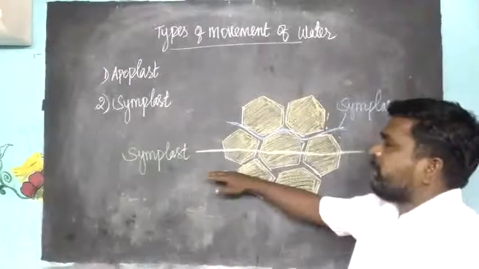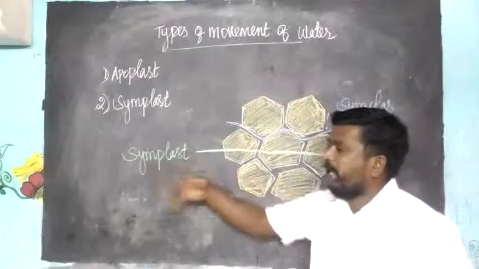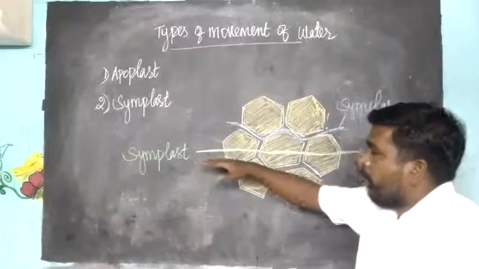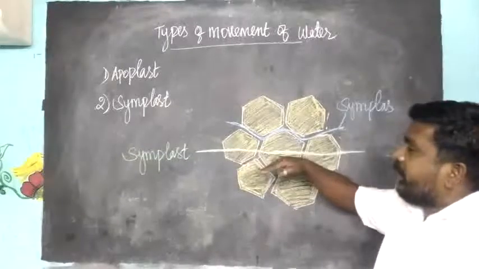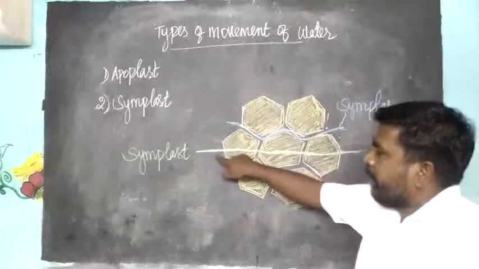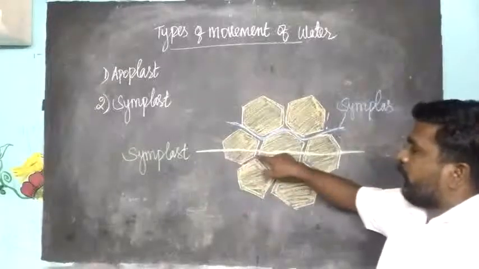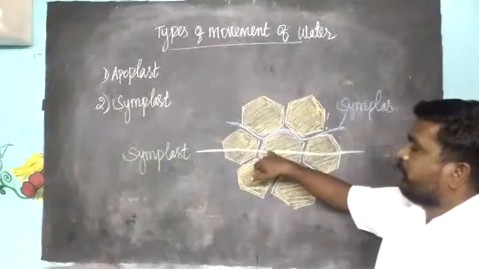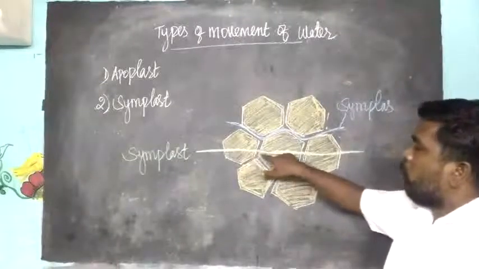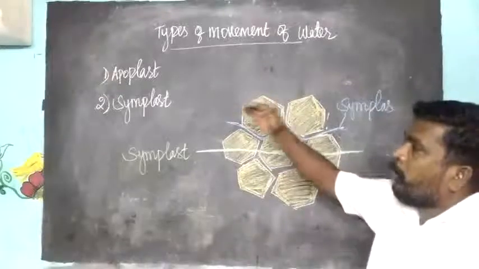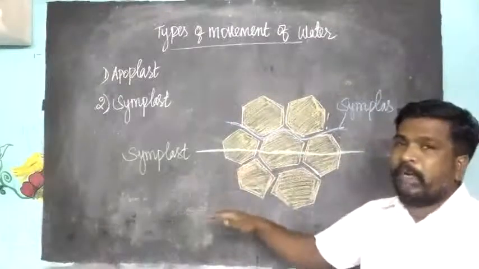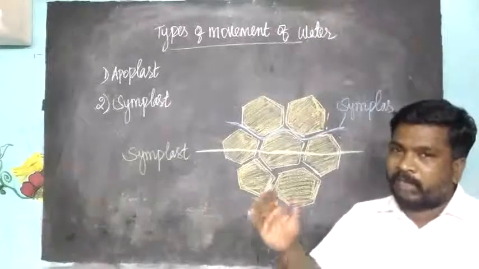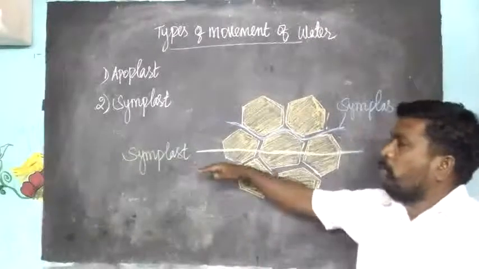Next, symplast movement. Sym means united or unit. It is the movement of water molecules through the cells, not in the intercellular spaces. It passes through the cells: the plasma membrane, the protoplasm, and another cell membrane. When you compare apoplast and symplast movement, water moves slowly from one cell to another in the symplast.